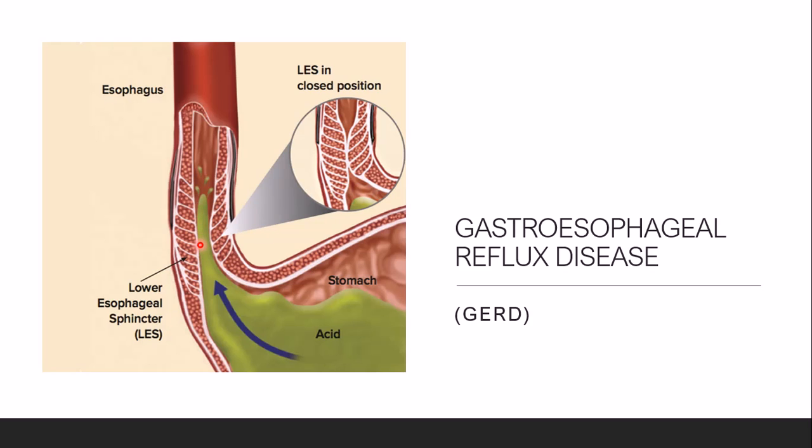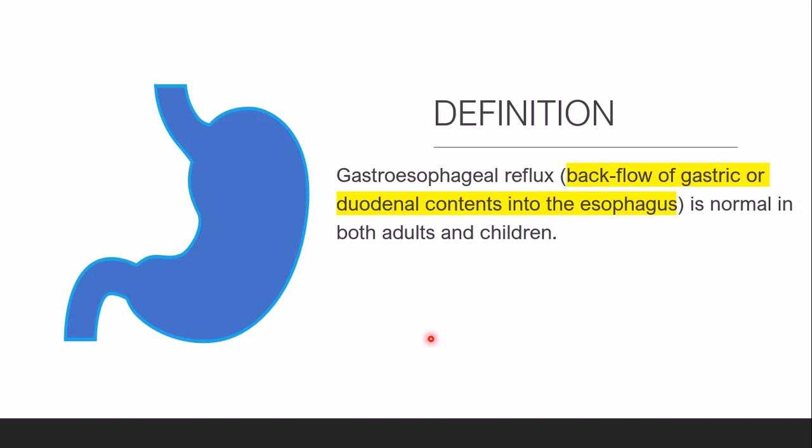Let's move on to the definition. The definition says that gastroesophageal reflux is a backflow of gastric or duodenal content into the esophagus. GERD occurs in both adults and children. It's not that only children will have it or only adults can have it.